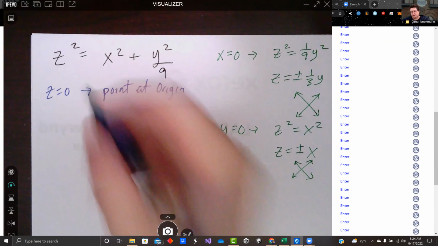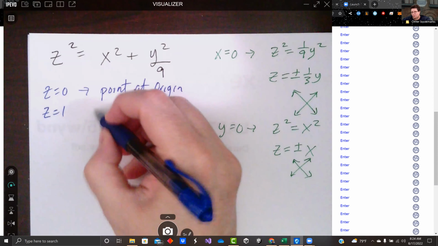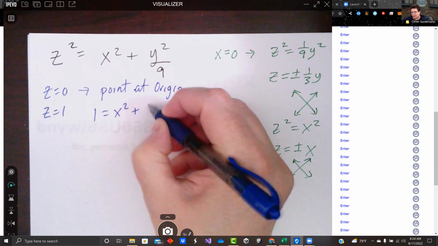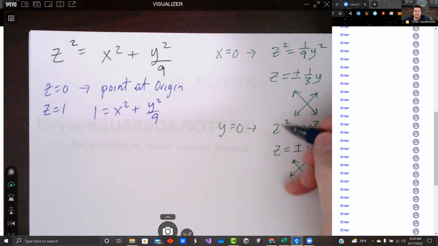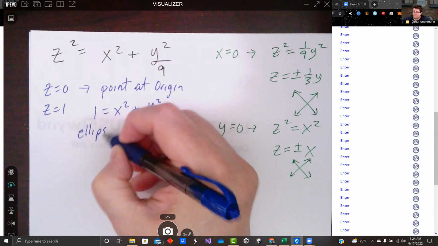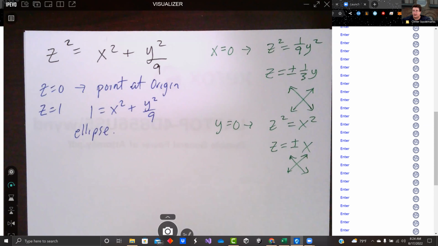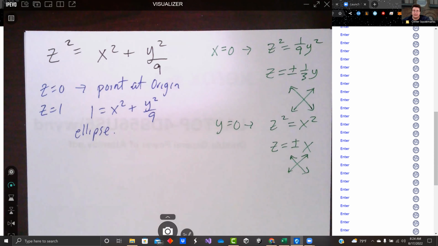Let's jump out a little bit. Let's go to z equals 1. If z equals 1, I've got 1 equals x squared plus y squared over 9. And this is back to the ellipse. So this is similar to the other one. We've got an ellipse. It's not coming out of the paper, it's going up in the z direction. Can it be negative?